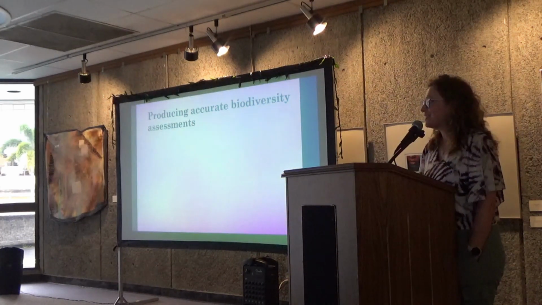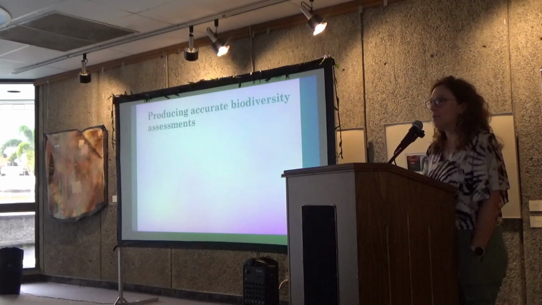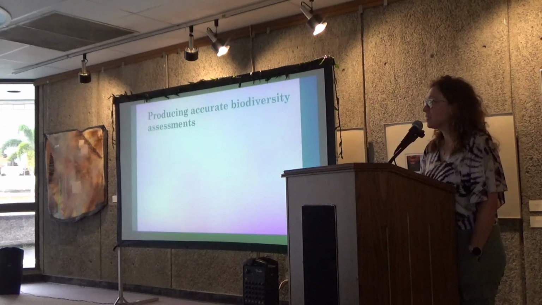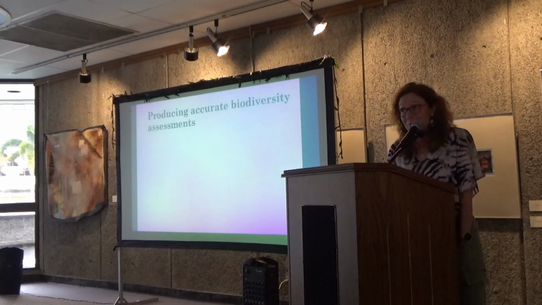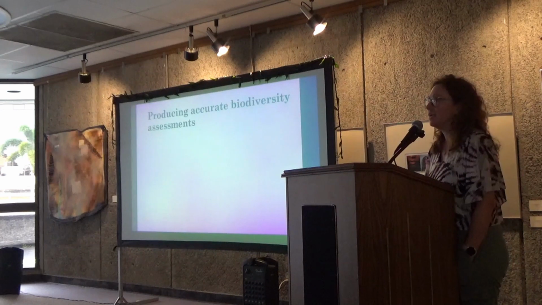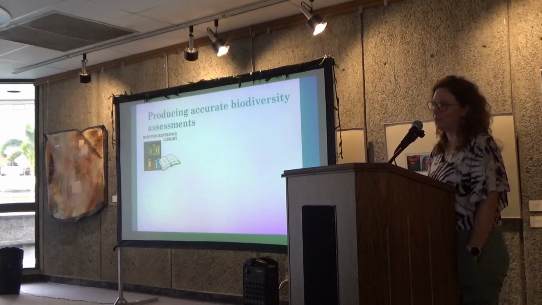So there have been some lessons learned along the way for how to create accurate biodiversity assessment using molecular methods. Some of these were lessons that I learned through trial and error in my PhD, just because this is kind of a complex and emerging field. One of those is that it's really important to have a barcode reference library.